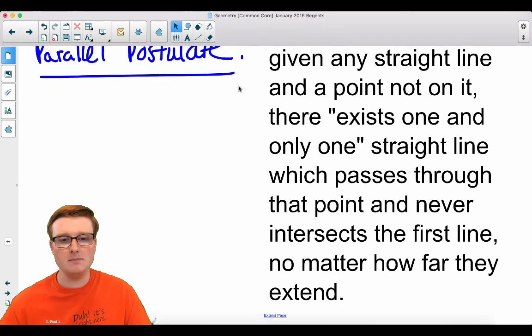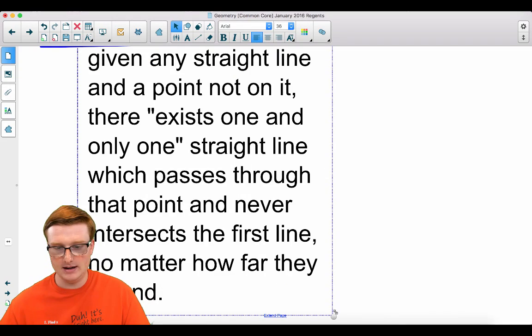Okay, so the parallel postulate states that right over here.